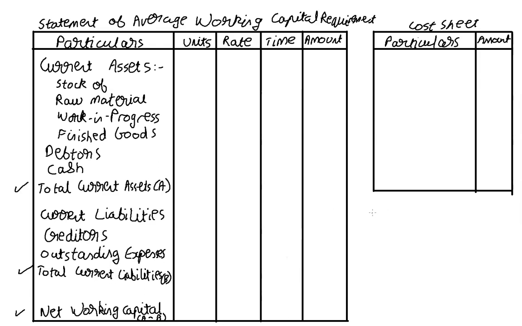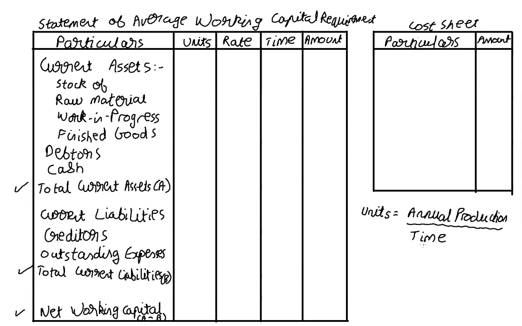Going forward, we have to calculate units. Units can be calculated based on the annual production number, which is given in the question. So we can take annual production upon time.